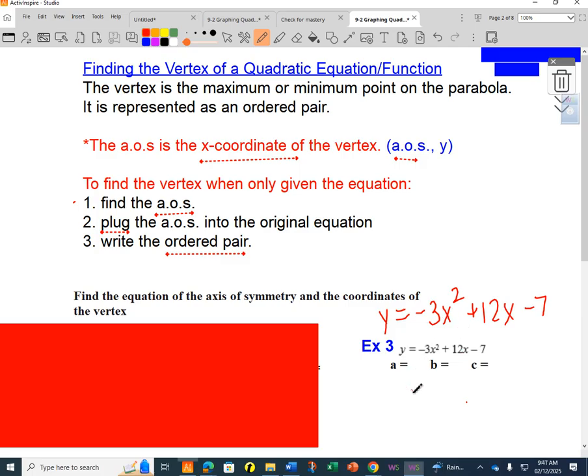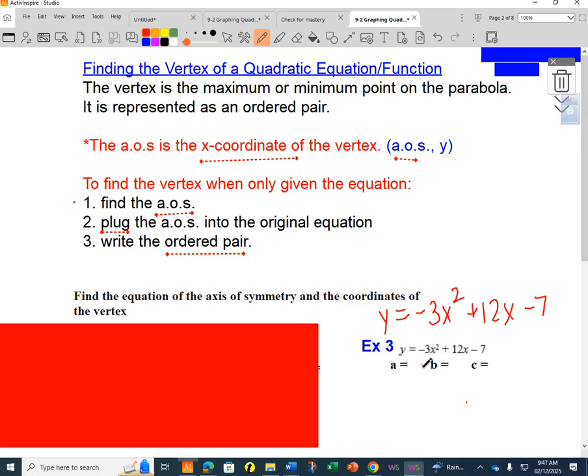So what is A? Look at the little box in the front page of your notes there. In this one it's 1 because there's nothing with the x squared. But A goes with x squared, B goes with x, and C has no variable.